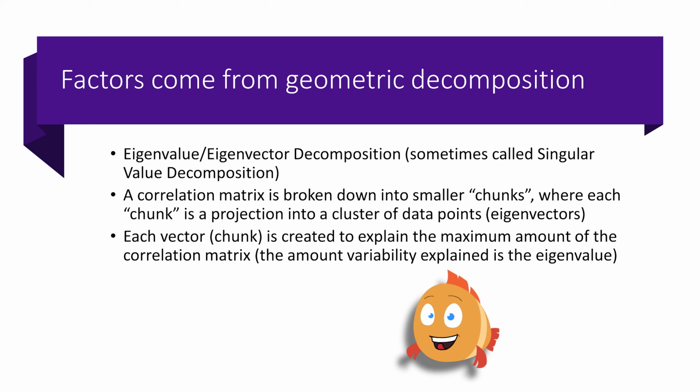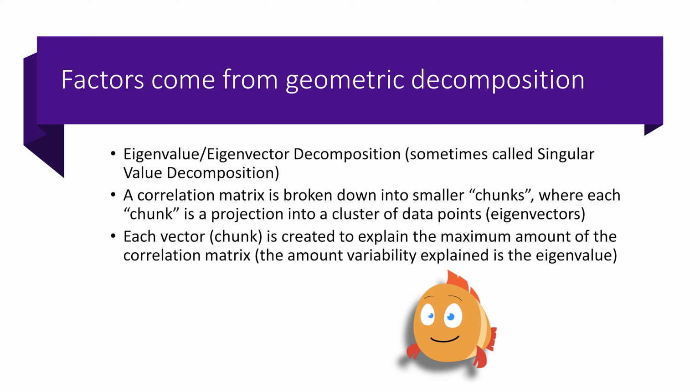So how do we do it? We can do this from a geometric decomposition. So this is an eigenvalue. For those of you who have taken matrix algebra, this should sound really, really familiar. This eigenvalue, this eigenvector decomposition, sometimes this is called a singular value decomposition. But what it is is a correlation matrix that is broken up into smaller chunks, where each chunk is a projection into a cluster of data points, or eigenvectors.